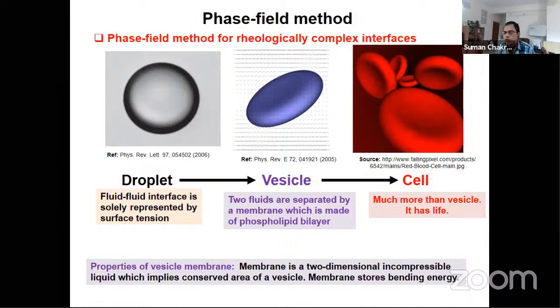For example, from a droplet, which is a fluid-fluid interface, you can go to a vesicle, which is a membrane fluid interface, and then from a vesicle to a biological cell, which is a membrane fluid interface with some biological activity inside.